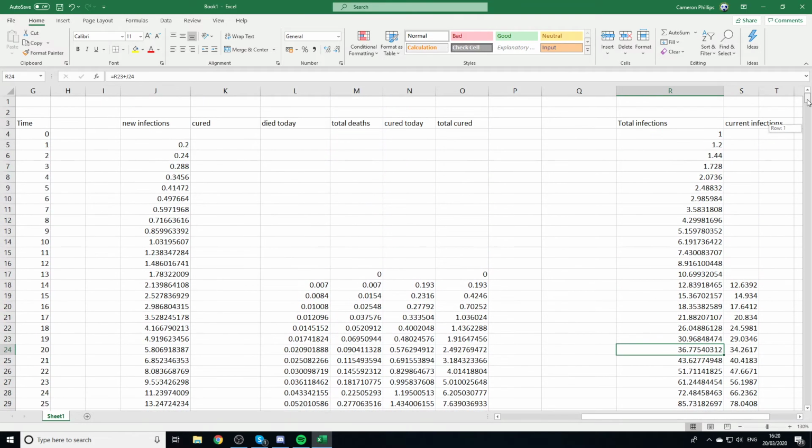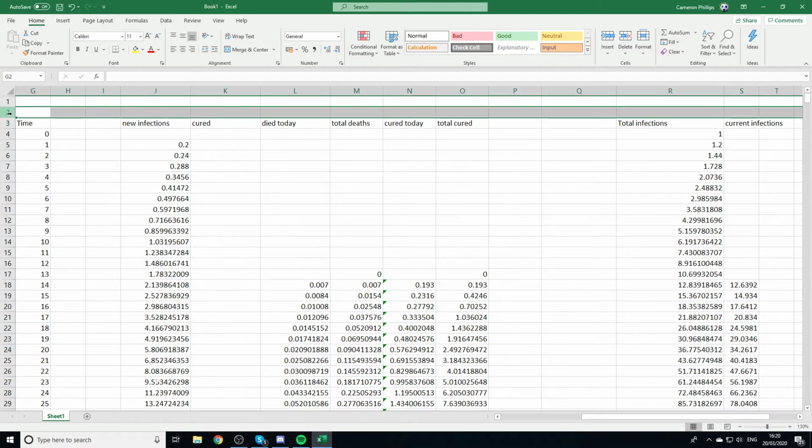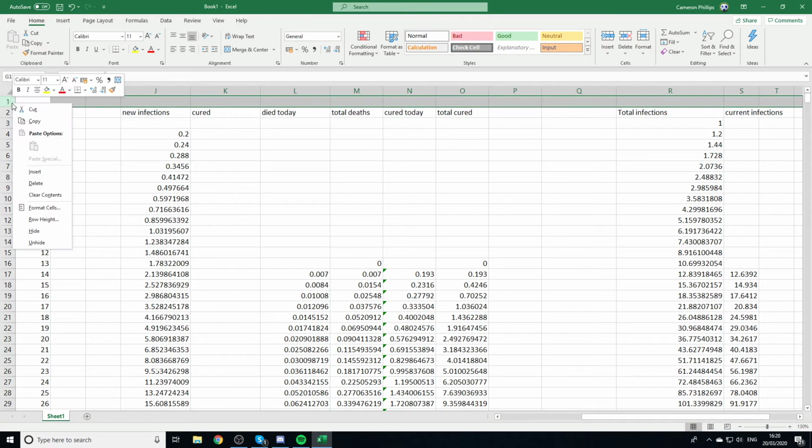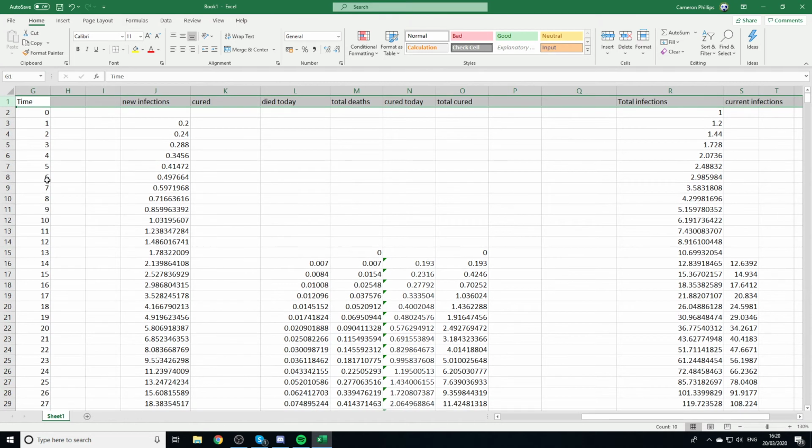Now let's plot a graph of that. Actually, if I get rid of these two, move them up, delete, and delete this, it will put titles on the graph for me, which is good.